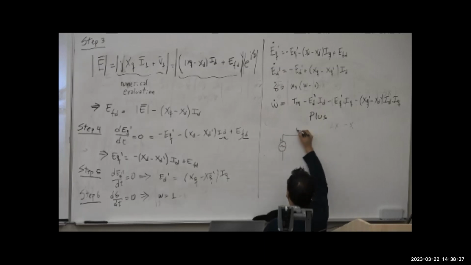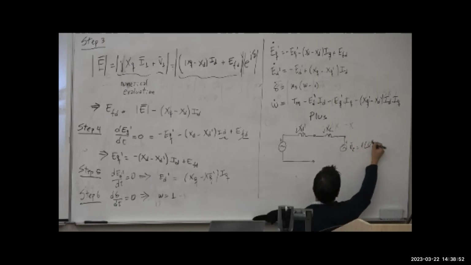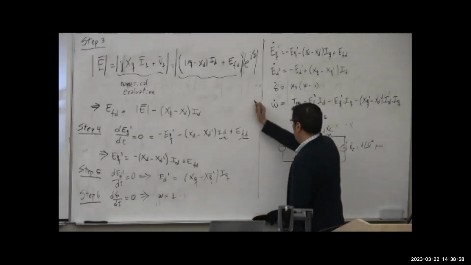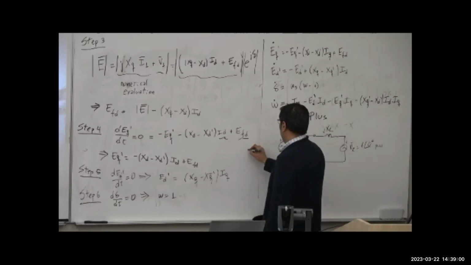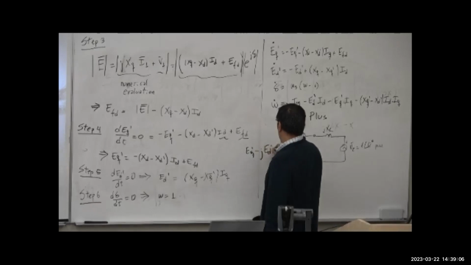Now, not in a steady state, but using the dynamic model that we developed before. And this voltage is going to be EQ prime minus EV prime.